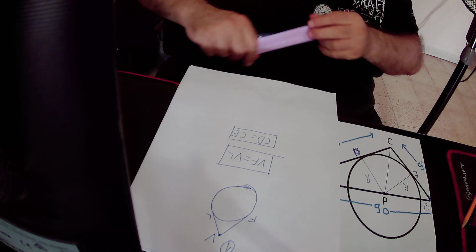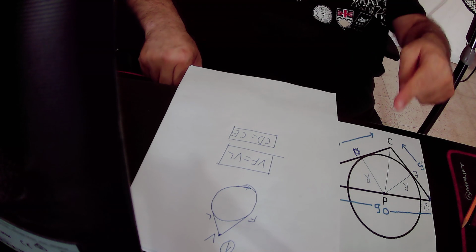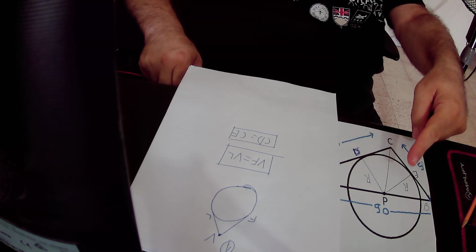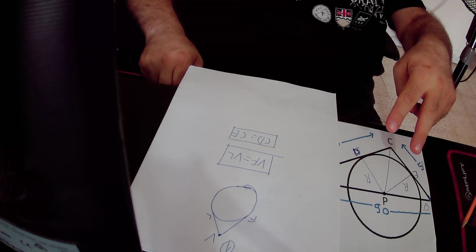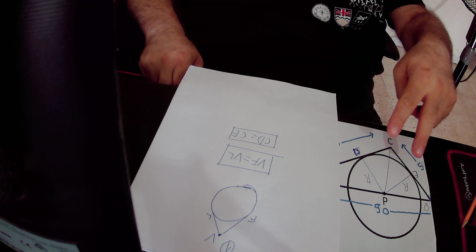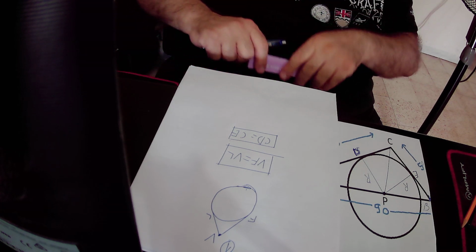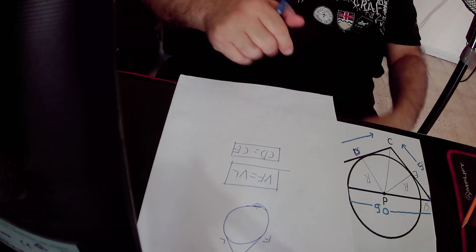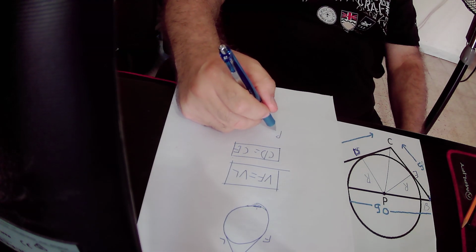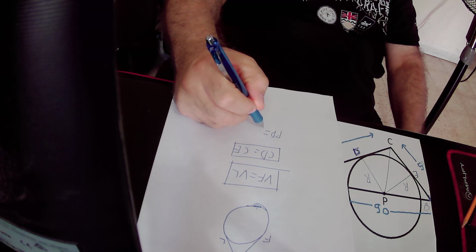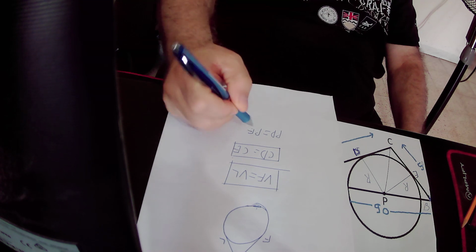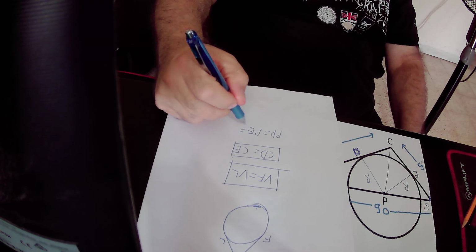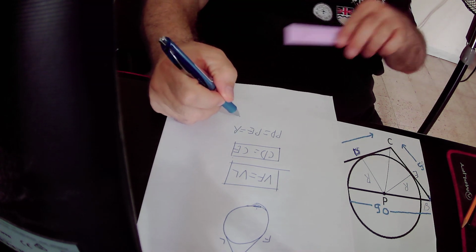As I already mentioned, also PD equals PE because both those lines are radii of the circle, so they are equal to each other. So we can also write that PD equals PE, equals the radius of the circle.